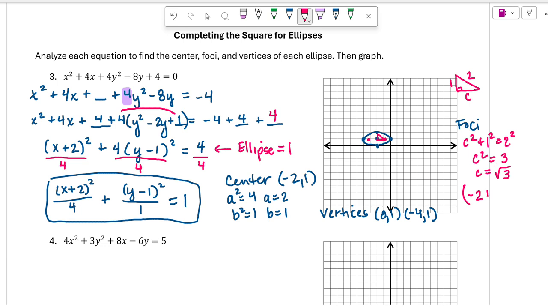So negative 2 plus square root 3 comma 1, and negative 2 minus square root 3 comma 1. So again, we put the root 3's only on the x coordinate, because we're going left and right from the center. And that is our first equation.